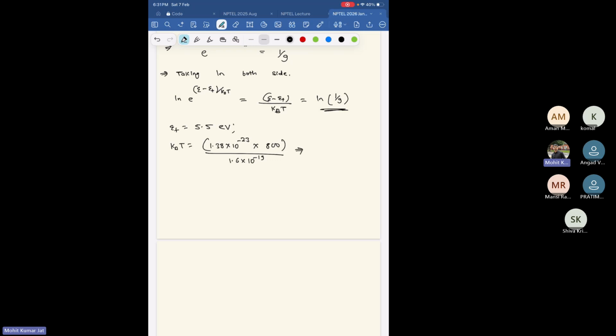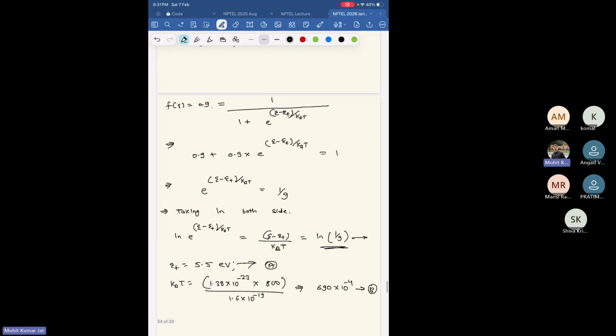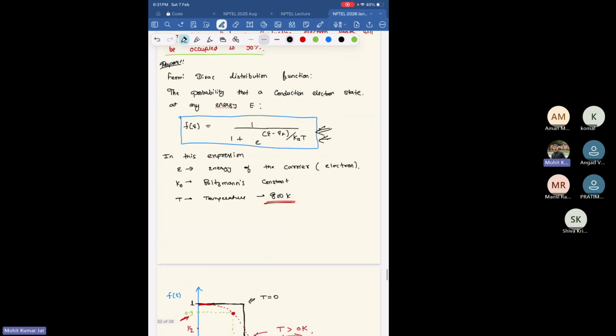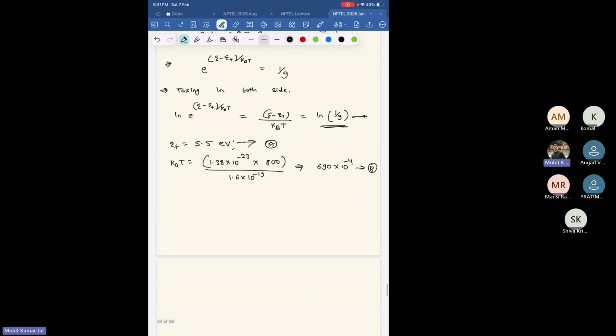So what you get is around 690 times 10 power minus 4. So this will be kBT. Substitute A and B in equation, let me call this one equation X. Substituting A, B in X.